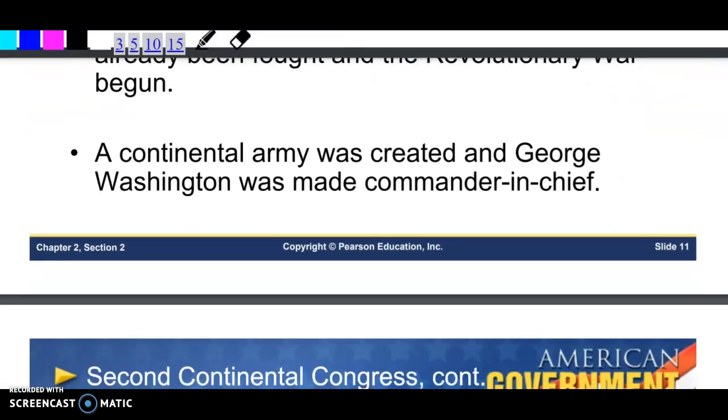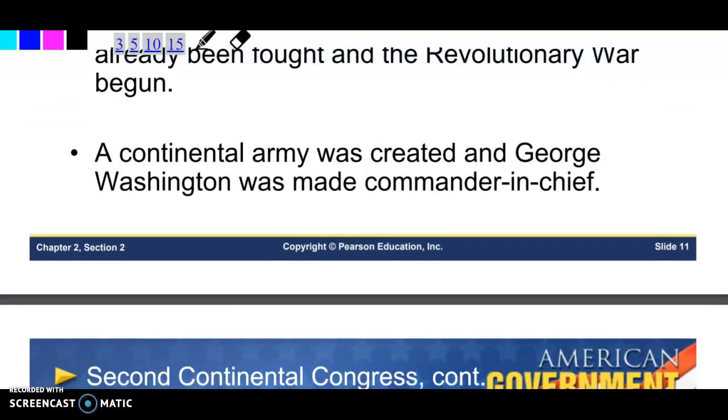So at this Second Continental Congress, an army was created, because they had to have an army to fight King George's army. George Washington was made the commander-in-chief of that army.